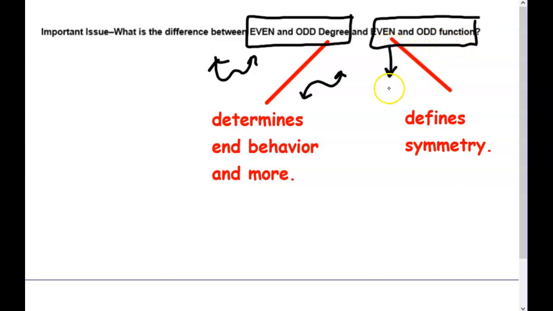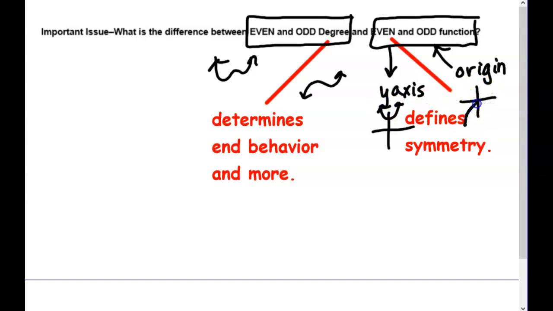Even would be y-axis symmetry, and odd would be origin symmetry. So this one might look like this, and origin symmetry might look like that. Questions?